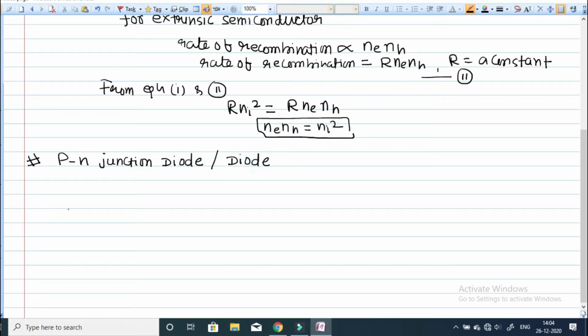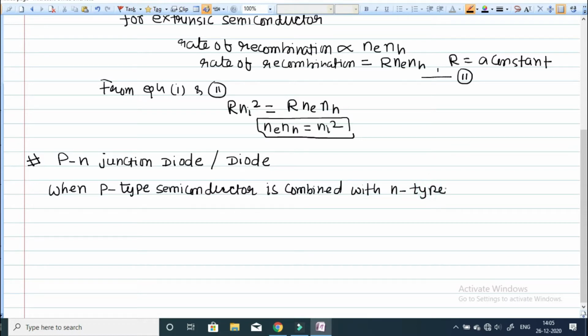So how is a PN junction diode formed? When p-type semiconductor is combined with n-type semiconductor, PN junction diode is formed.